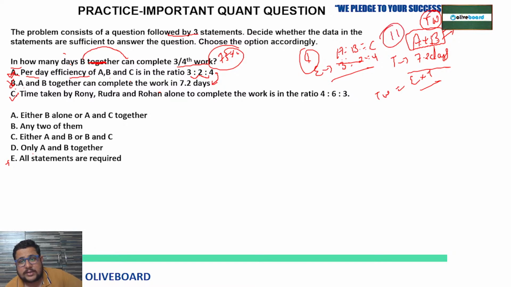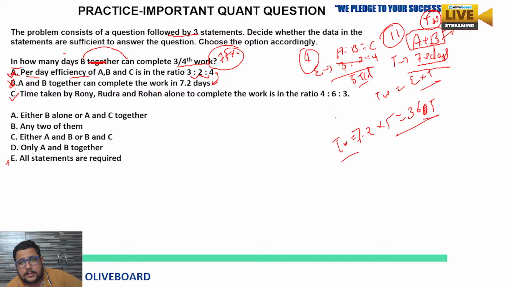A and B's total efficiency is going to be 3 plus 2, which means 5 units per day. In 7.2 days, how many units will they finish? 7.2 multiplied by 5 is equal to 36. So 36 is going to be the total work. Now we know B can complete 2 units per day, so with total work 36 and B's efficiency known, we can easily calculate 18 days for the total task.